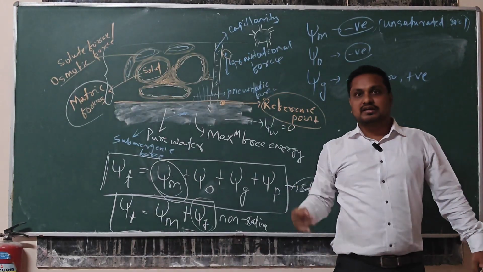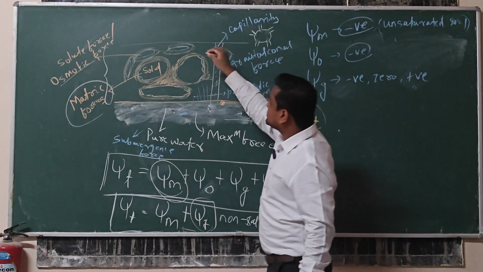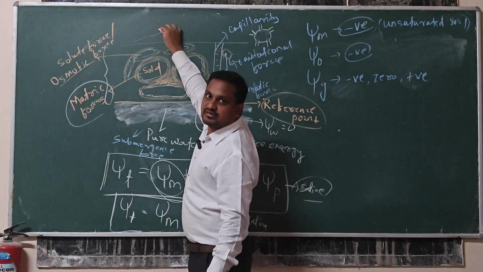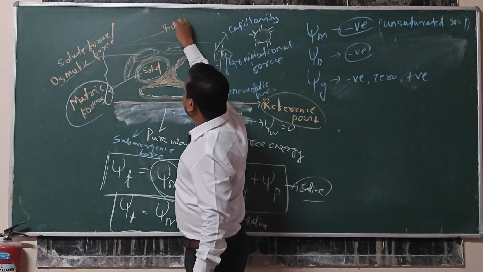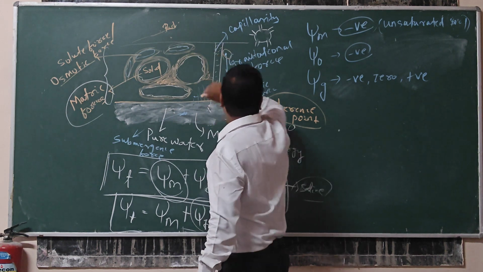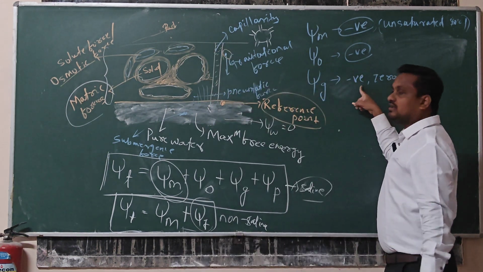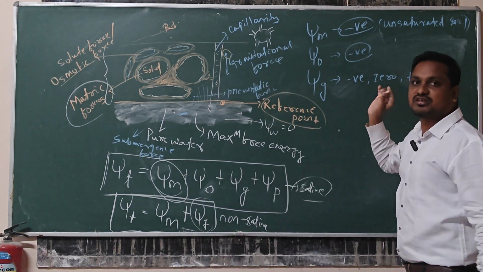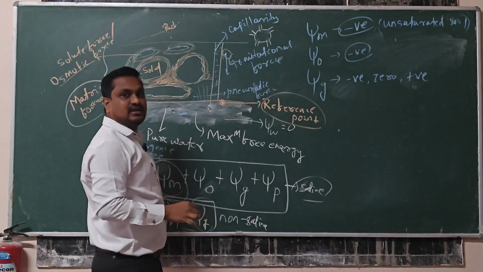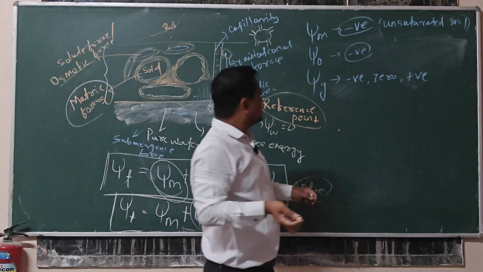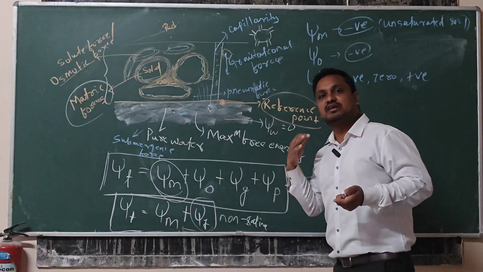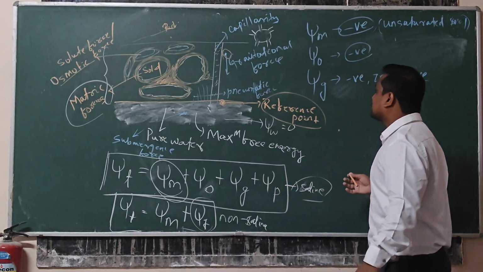If we lower the gravitational value, let's consider a saturated soil, and I am taking the reference point above and your gravitational potential just below there, in that case the gravitational potential will be negative. Very simple. Just try to understand it. And zero, if I take the gravitational potential here only, then this will become zero. This is very simple. Just understand this. If you understand the physics, this will be a very long-term memory.